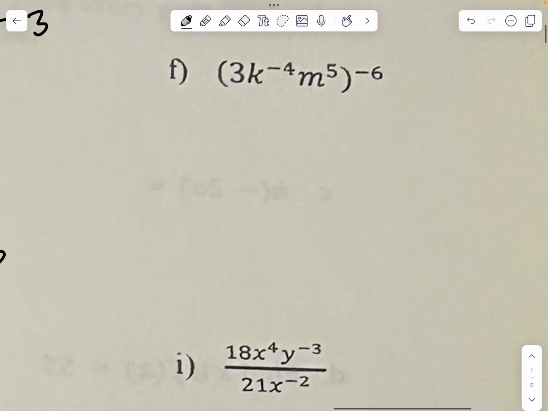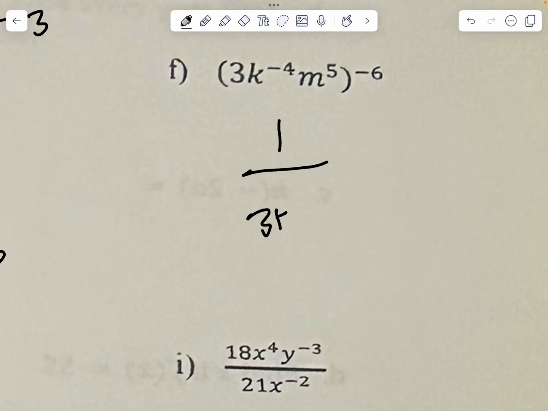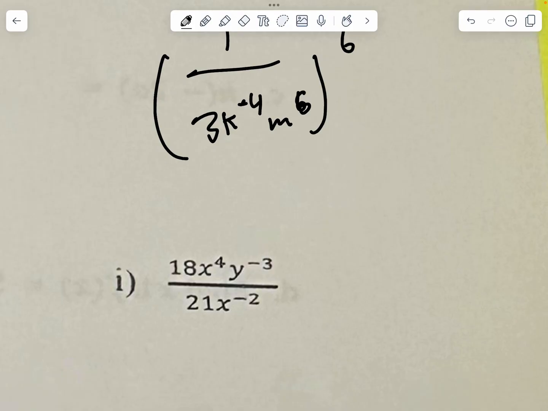Next one, you got a negative, so just send it to the bottom real quick. 3k to the negative 4 over 5 to the 6.